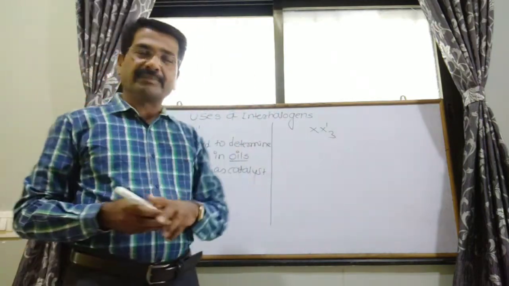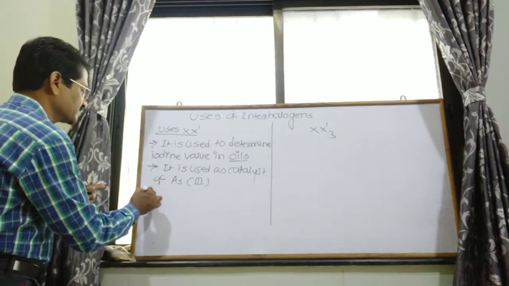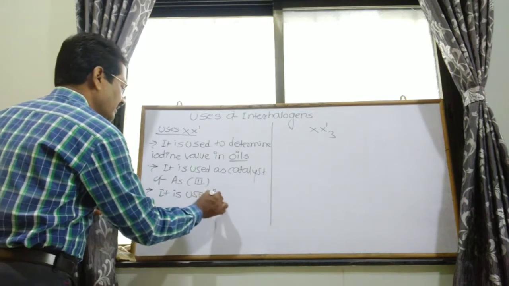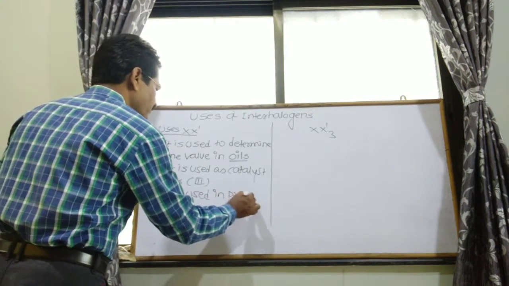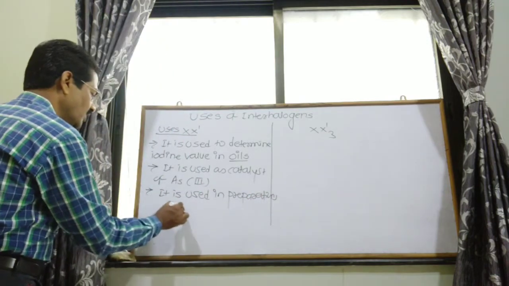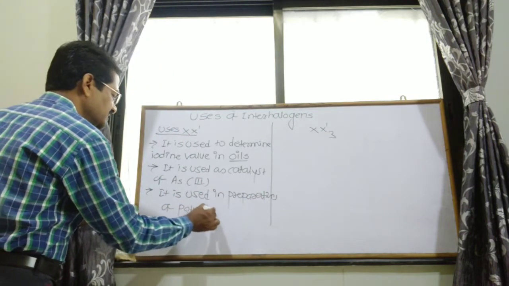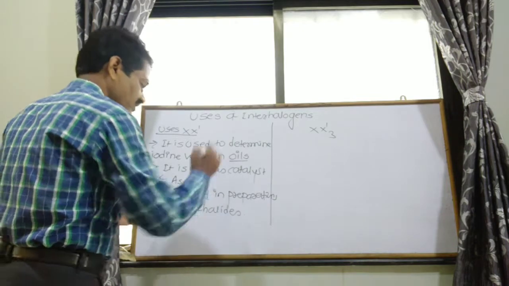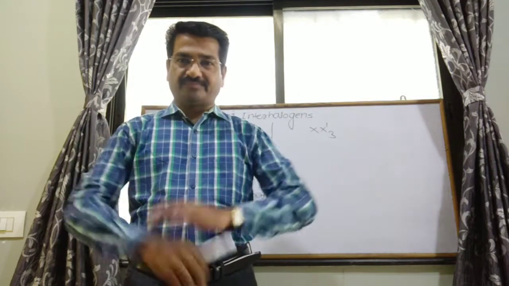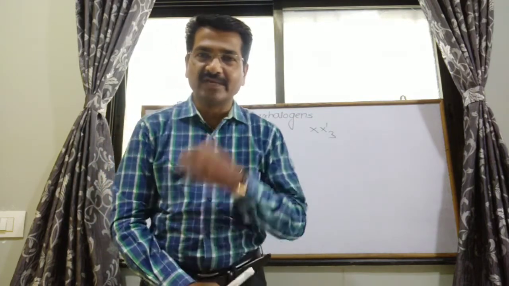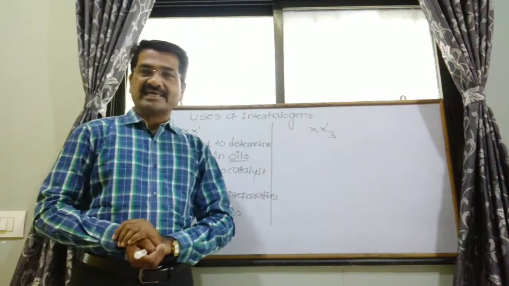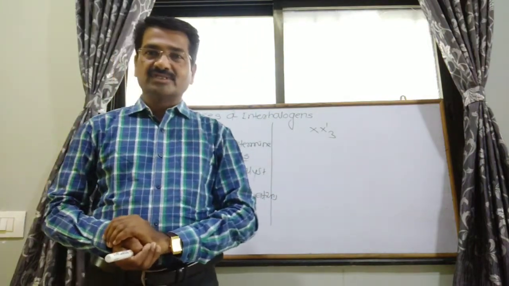It is also used in preparation of polyhalides. Those compounds containing more than 2 halogens are called polyhalides, and polyhalide compounds can be prepared by using the XX' interhalogens.